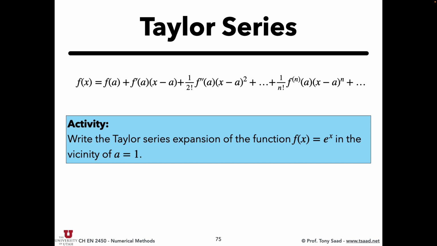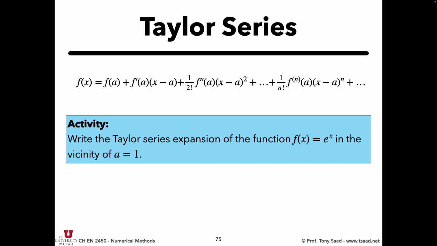Well, no. So look at the formula. F of a, right? Not f of x. So on the right-hand side, it's that vicinity. It's around that point 1. Just simply substitute a with 1.